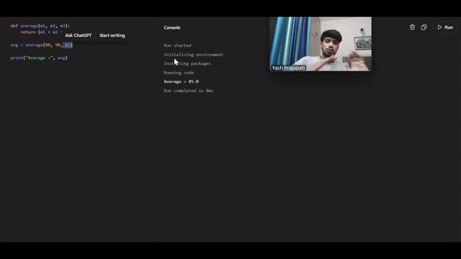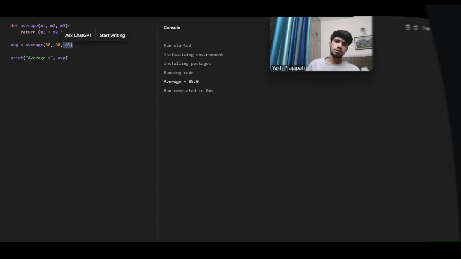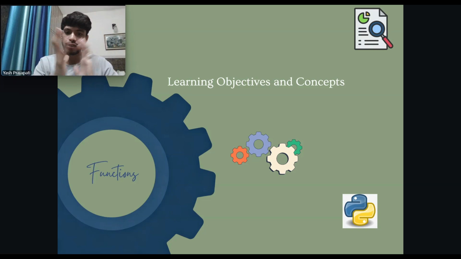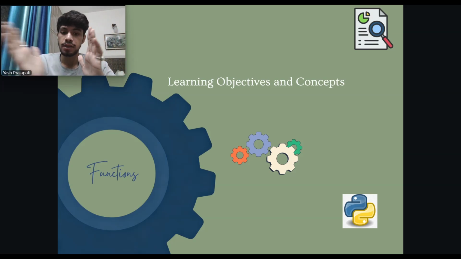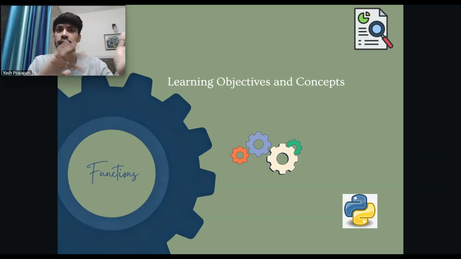So this is how the questions on functions work with the help of the return statement. We can call it whenever we want, with the help of a variable, or we can call it directly. So this is how functions work. Today we have learned what a function is, how to define a function and how to use the def keyword, how to pass parameters, how to use multiple parameters, and how to return a value with the help of the return statement, and what the difference is between print and return.